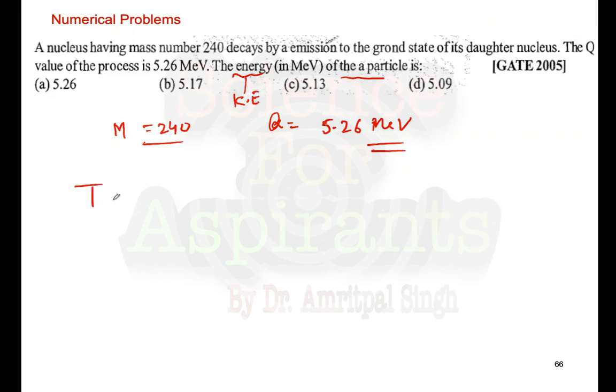We know that in alpha disintegration, the kinetic energy of the alpha particle is equal to Q(1 - 4/A).